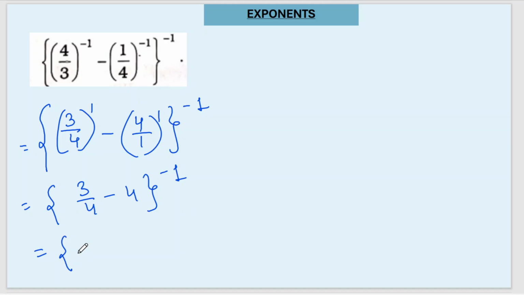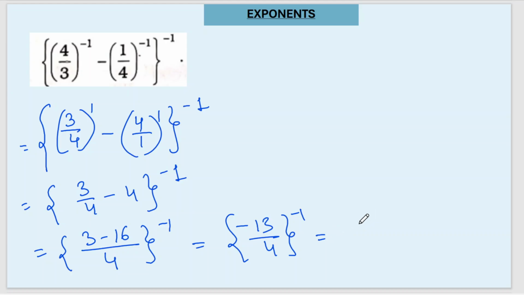Take the LCM 4: 3 minus 16, whole to the power minus 1. It is minus 13 by 4 to the power minus 1. So minus 13 by 4 to the power minus 1 can be written as minus 4 by 13 to the power 1, and this is your final answer.